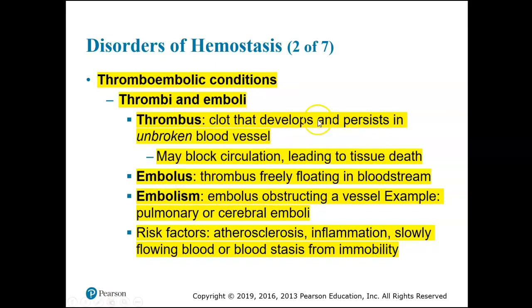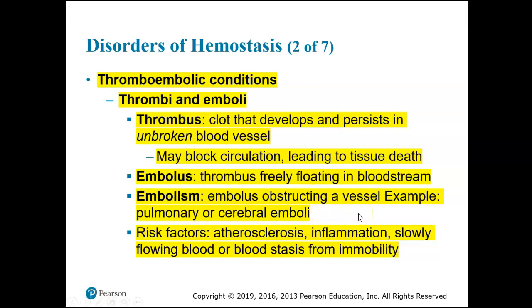So a thrombus is a clot that develops and persists in an unbroken blood vessel. It may block the circulation, leading to tissue death. An embolus is a thrombus that is freely floating in the bloodstream. An embolism is an embolus that is obstructing a blood vessel.